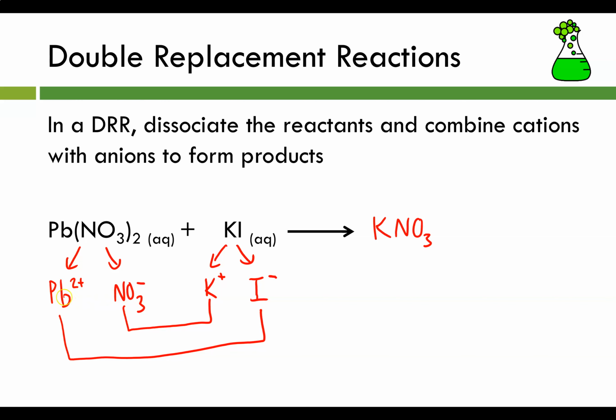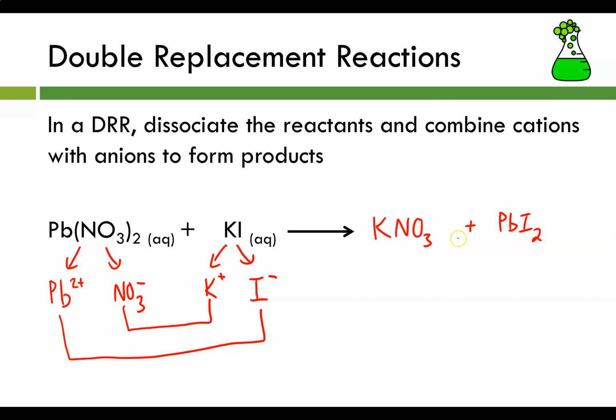All right, I'll take my lead 2+ ion and my iodine -1 ion. So this charge of the lead ion, 2, will become the subscript of the iodide ion. PbI2. Here we go. So now I've recombined and I've predicted my products.